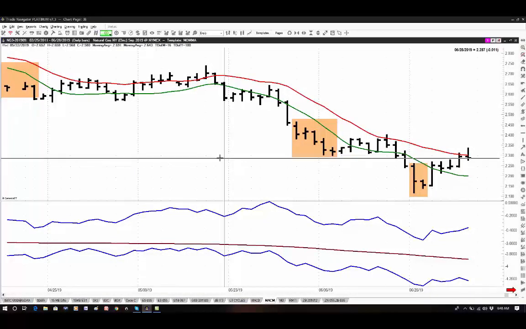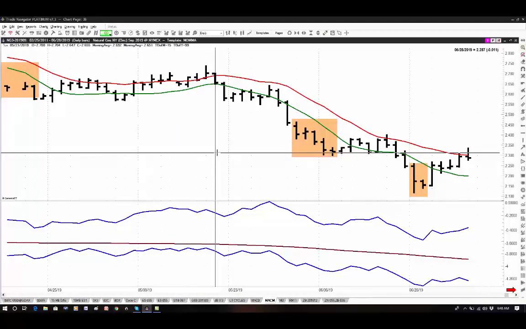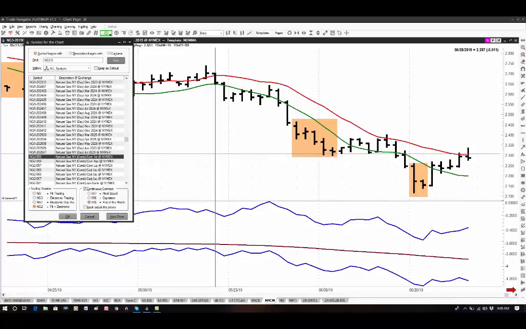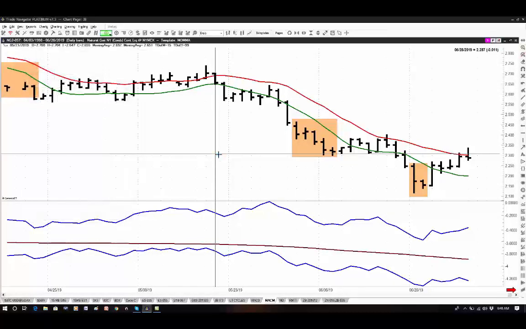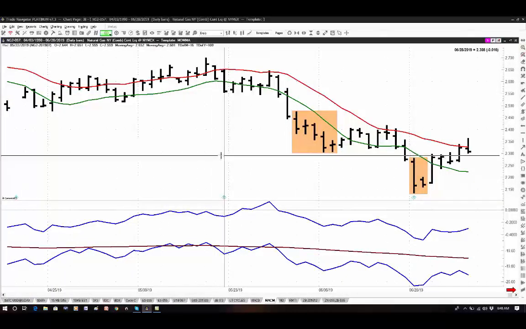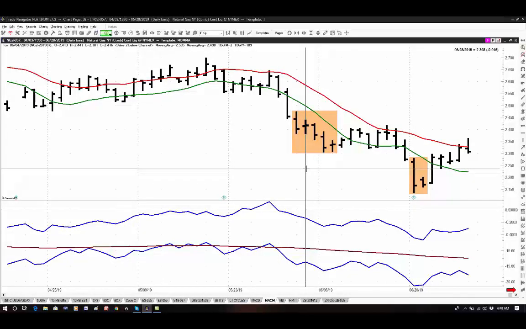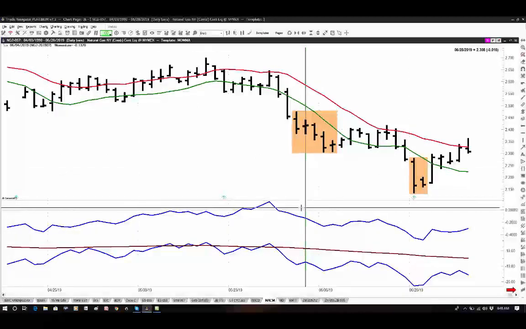Let's do it this way. Here you go. 2-bar pattern right over here. Williams accumulation distribution below its moving average.